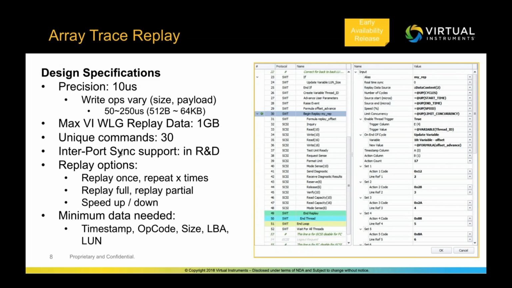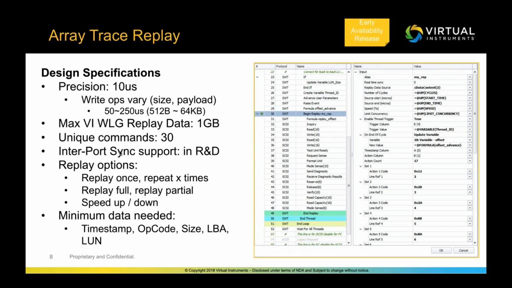The maximum replay data that we can deal with is 1 gigabyte in file size, and what that really translates to is potentially hours of actual command records, because the replay data file itself is pretty slimmed down. Think of it as a simple CSV with just 5 or 6 columns.